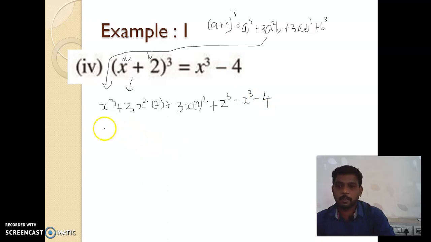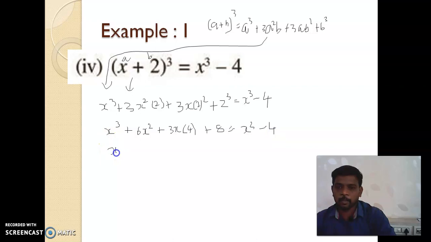Right, now simplify this. So x³ plus, when you multiply these two, 3 2s are 6x², plus here 3x into 2², and 2² is nothing but 4, the square only for 2, not for x, plus 2³, 8, equal to x³ - 4.